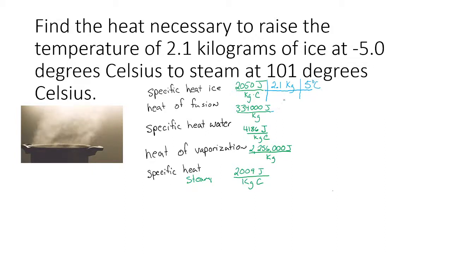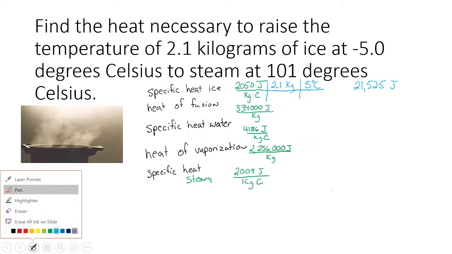So if we started at -5, we want to get it up to 0. Now we're going to take the specific heat of ice, multiply it by the mass of the ice, and multiply it by the temperature change. And so we'll have 2050 times 2.1 times 5 to get the joules needed to change the temperature of the ice: 21,525 joules.